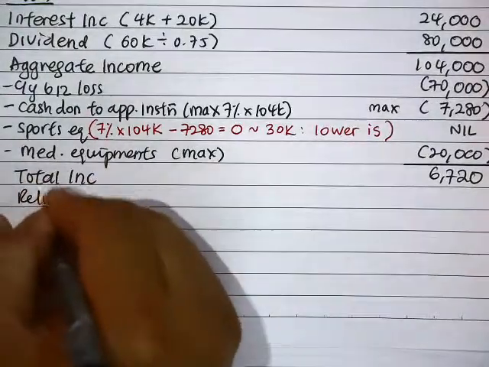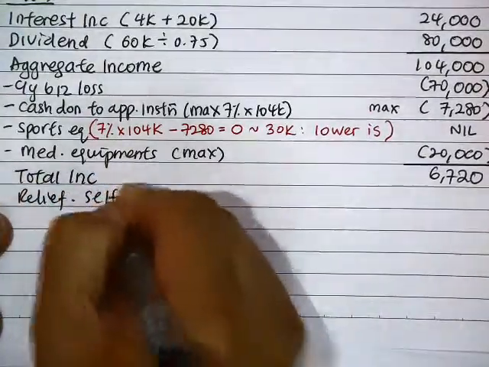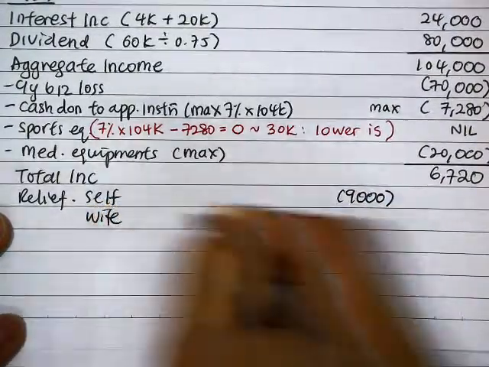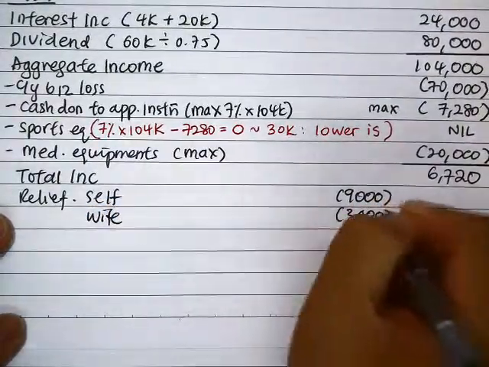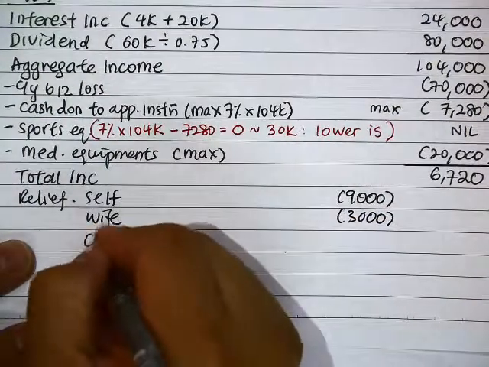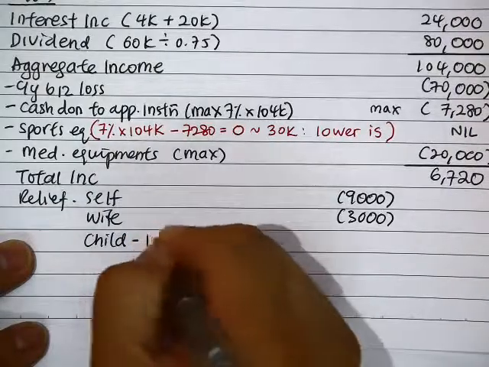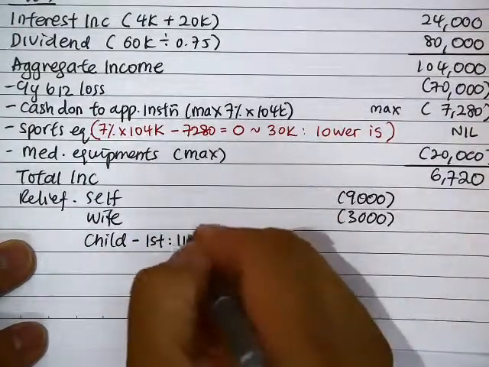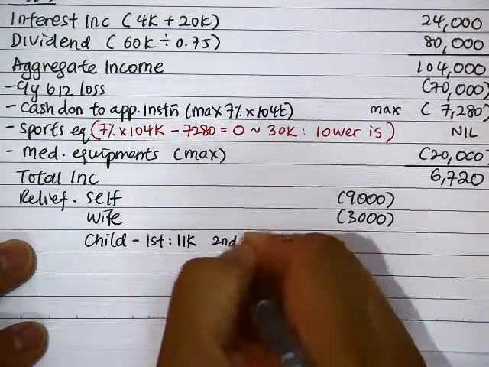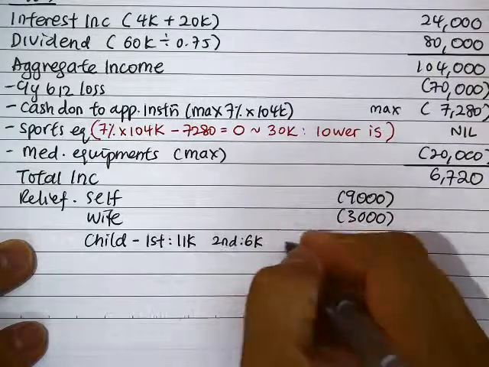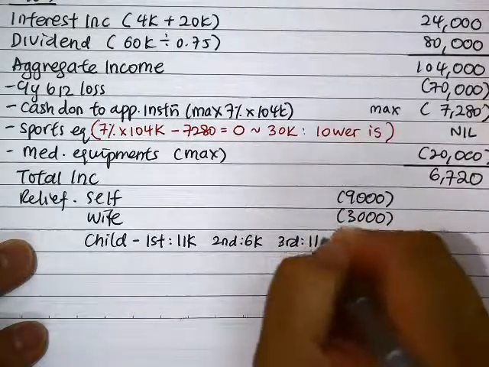Now the relief include personal deduction 9,000, relief for the wife 3,000. Now the child relief, the first child will be 11, second child would be 6, third child would be 1.